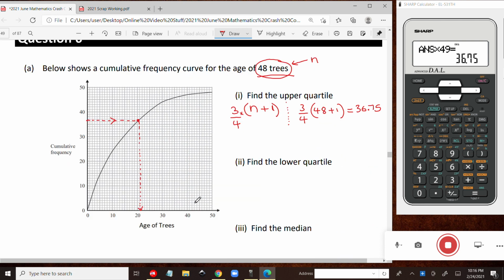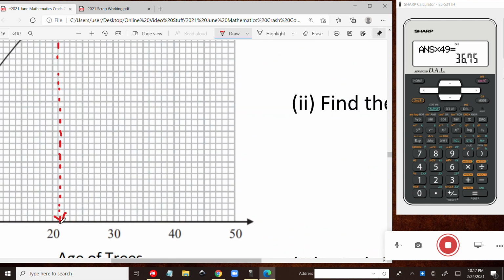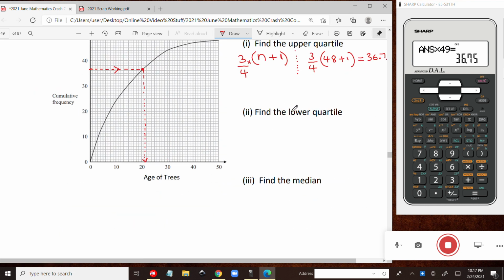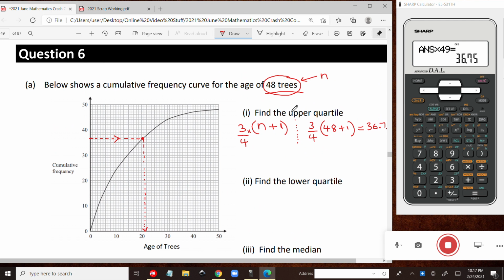So it looks like we dropped somewhere between 20 and 21. Remember that I don't have the program here, I can't really be too accurate because I can't draw a straight line, but we're going to assume that the upper quartile, the answer, is 20.5.